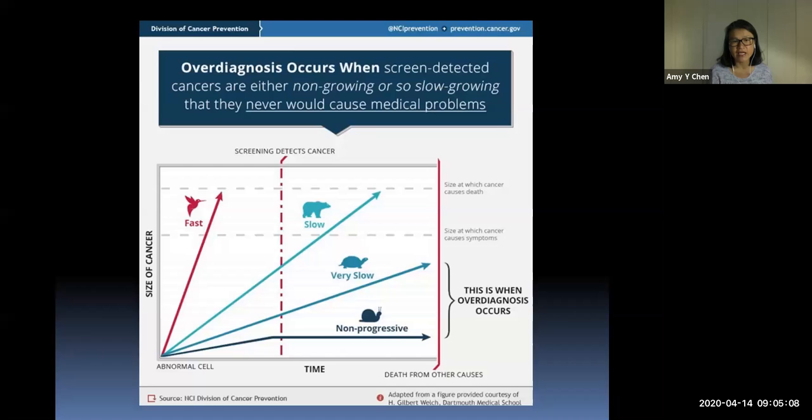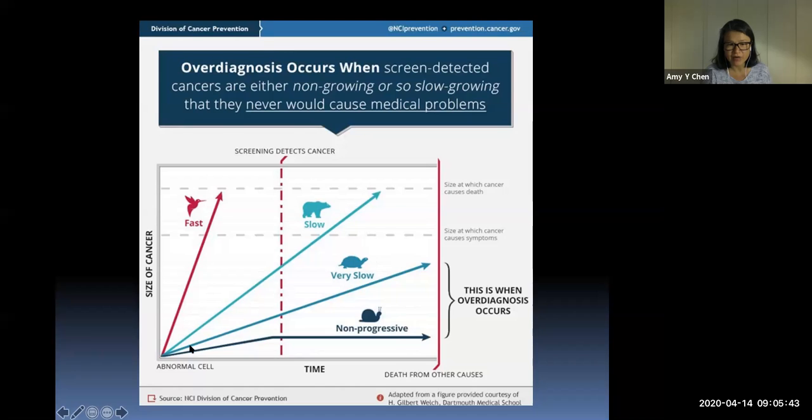Now you can see in the first line with a red hummingbird, things that are duplicating very quickly, screening can really be effective in detecting the cancer. However, more slowly growing cancers, such as the bear or the turtle or the snail, these can render overdiagnosis, particularly if the tumor is very slowly growing and the size at which the cancer causes symptoms is a little bit at this level here.